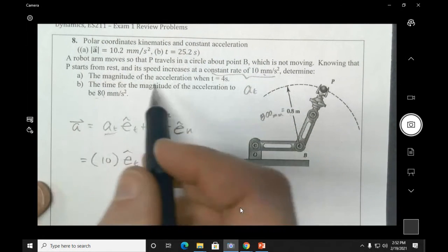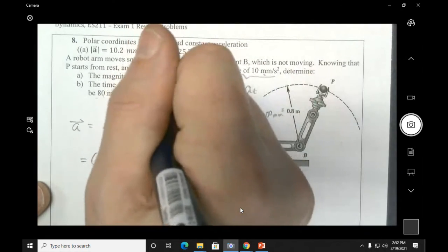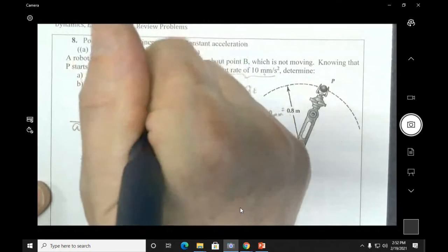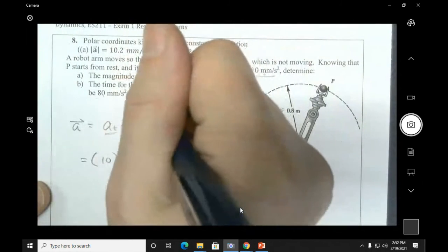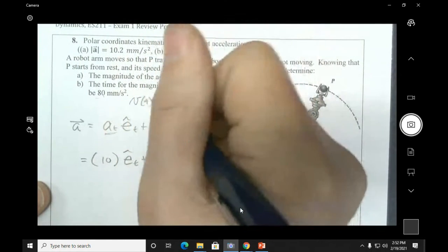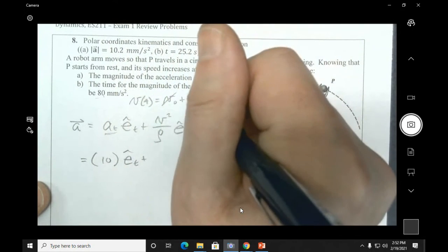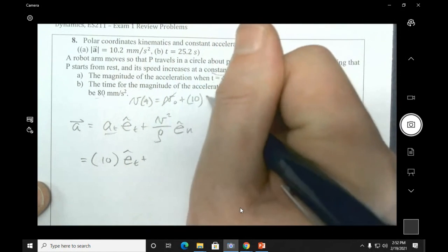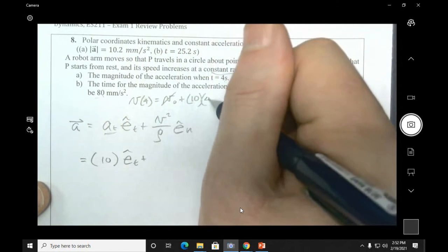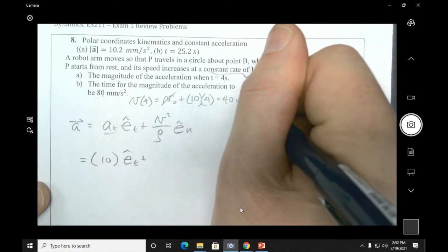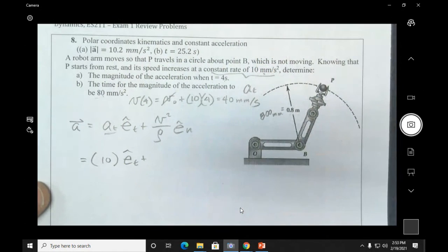She did it in one step right here, but we could figure out the velocity after 4 seconds. Maybe I'll write that out. It's going to be the original velocity, which is at rest, plus the acceleration, 10, times our time, which is 4. So we come out to be 40 millimeters per second.